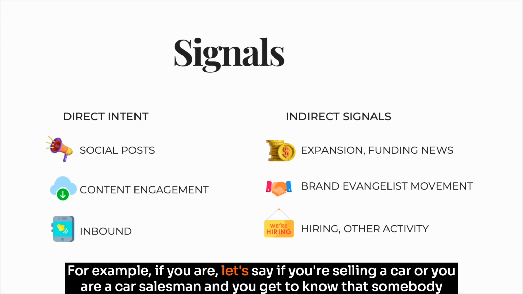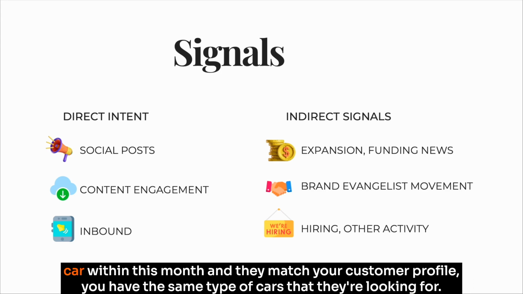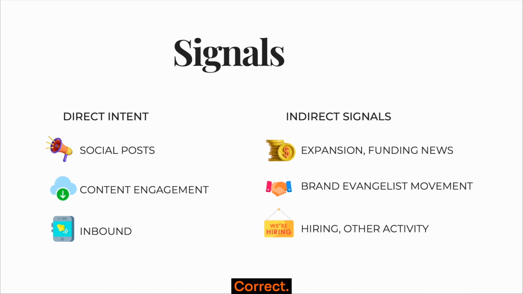For example, if you're selling a car or you're a car salesman and you get to know that somebody within your region or within the radius of your showroom has this strong intent of buying a car within this month, and they match your customer profile, you have the same type of cars that they're looking for. So that would be extremely valuable data for you, correct?